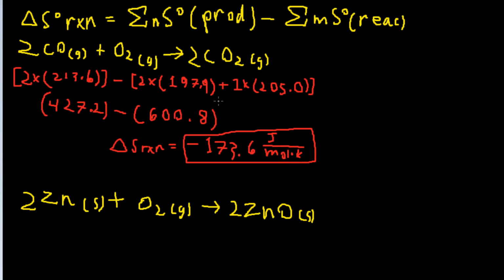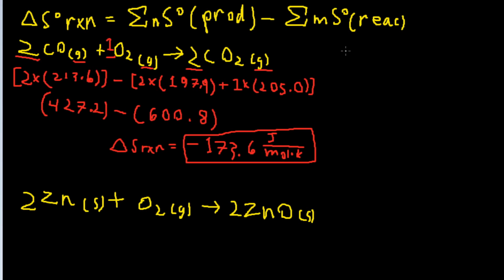This makes a lot of sense because here you can see that there are 3, or it acts like there's a 1 here, but if your coefficient's 1, you don't really need to put it. So there are 3 moles of gas here, and then it goes down to 2 moles of gas. If you remember right, the moles of gas produced are smaller than the moles of gas consumed.